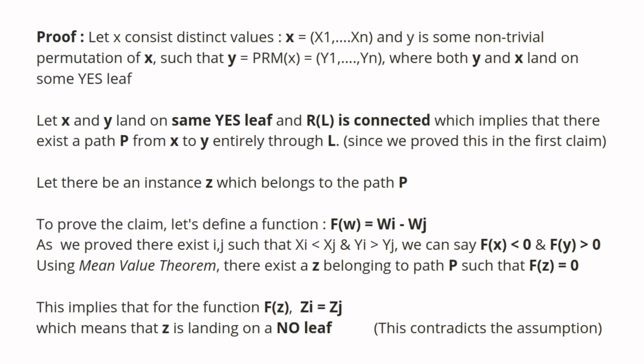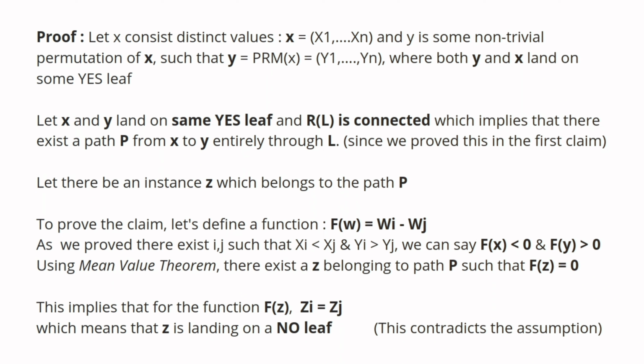Now, using the mean value theorem, there exists a z belonging to the path P such that f of z equals 0. This implies that for the function f of z, which is z of i minus z of j, we get the value 0. So z of i minus z of j equals 0, which implies z of i equals z of j.